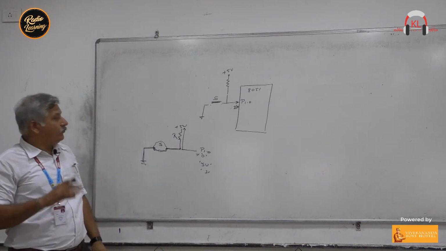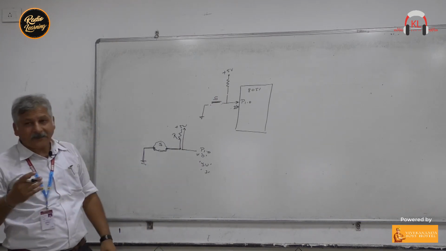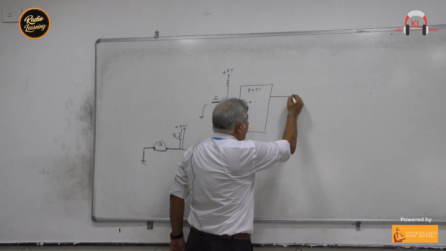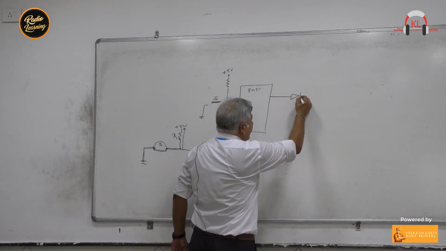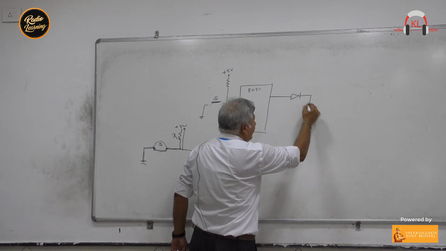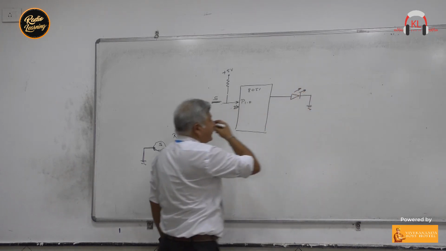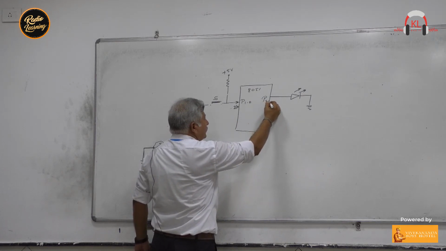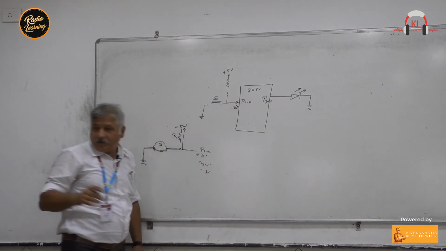So we have to read this condition, when we have pressed the switch and when we have released the switch. Depending upon that, I have connected one LED at pin number 3.0.